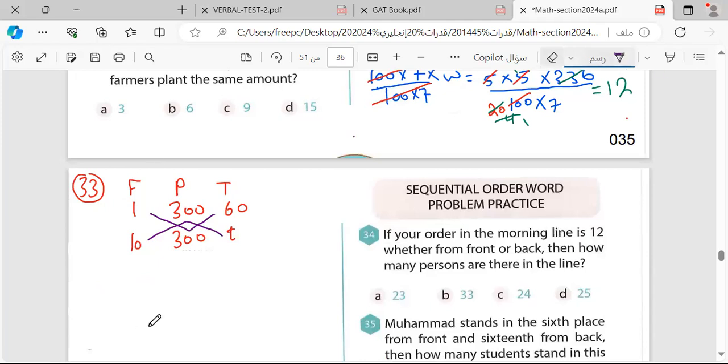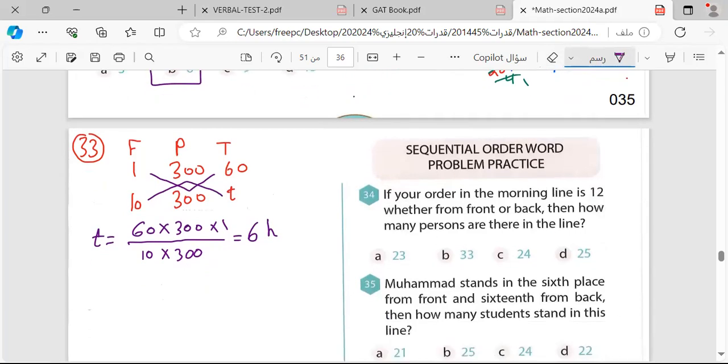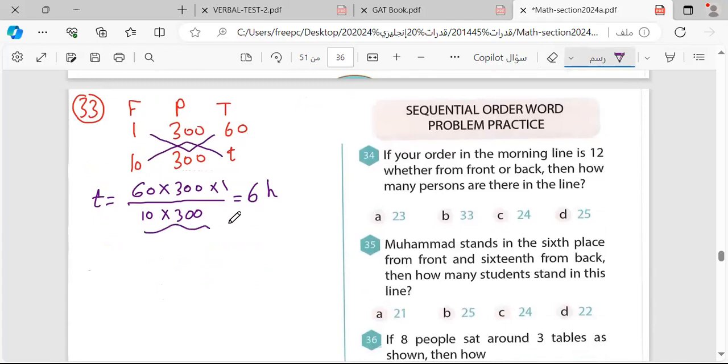T equals 60 times 300 times 1 divided by 10 times 300. So the answer is 6 hours. Clear? Now if I have 3 quantities, we do cross like this and get the answer.